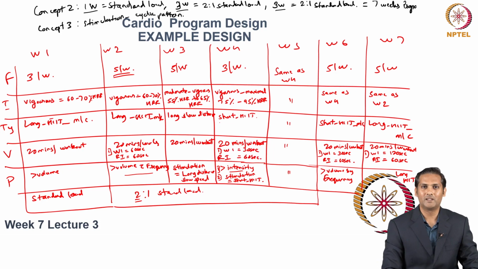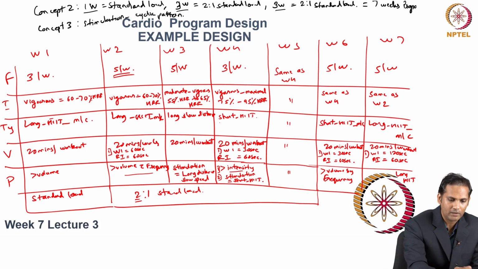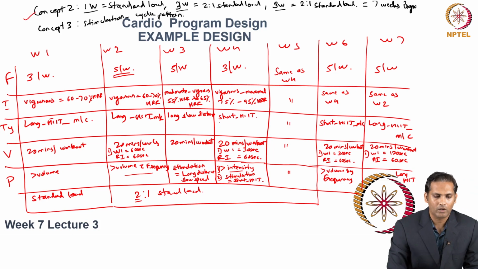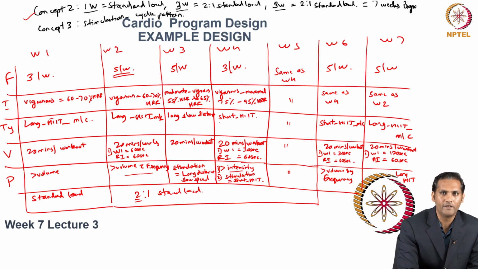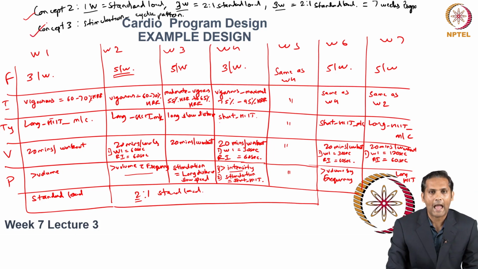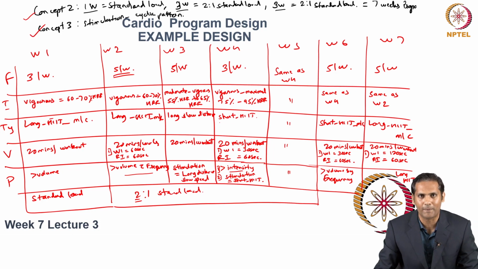So this would be the 7 weeks of cardio program. The checkpoint is the concept of giving an optimal recovery following a loading paradigm of 3 different mesocycles. The second checklist is, are we giving a stimulation appropriate to your cardio fitness level and experience, and is it in a cyclic pattern?